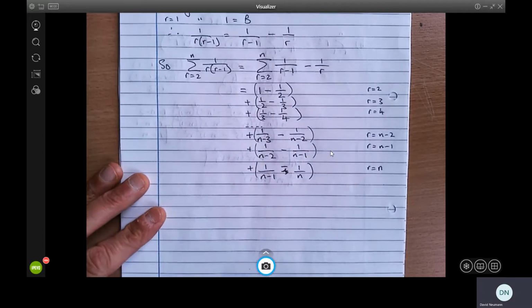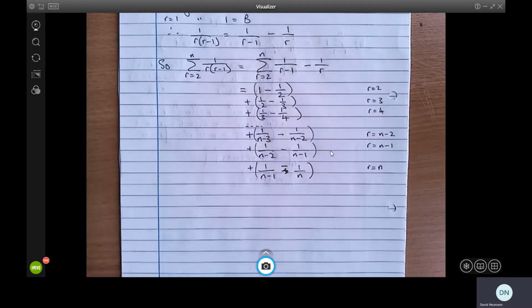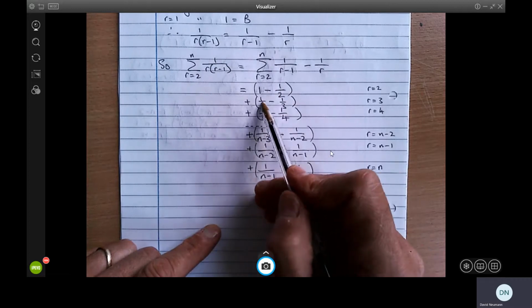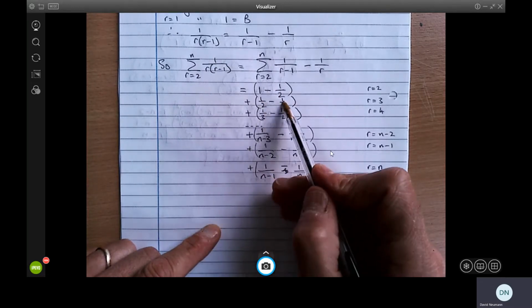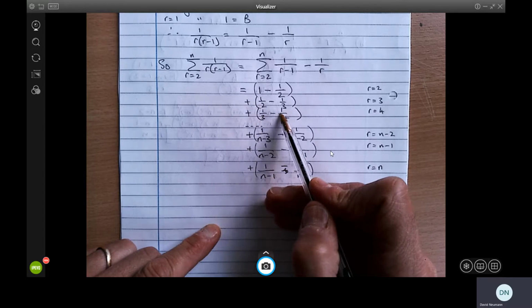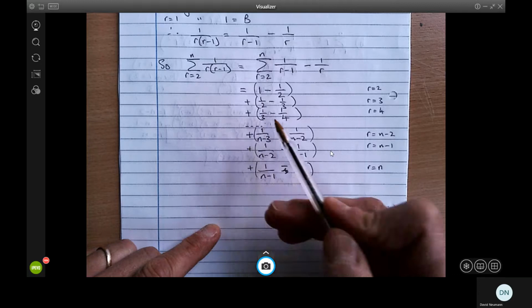So I've written out now the first three terms and the last three terms of the series. We can see that we've got minus a half there, plus a half, minus a third there, plus a third, minus a quarter there, and I hope you can see that there would be plus a quarter in the next term.